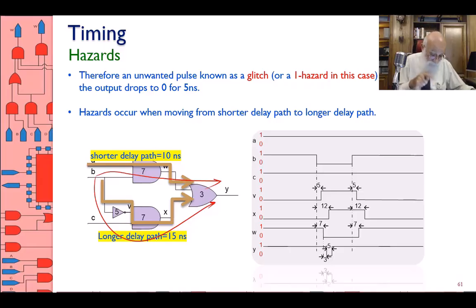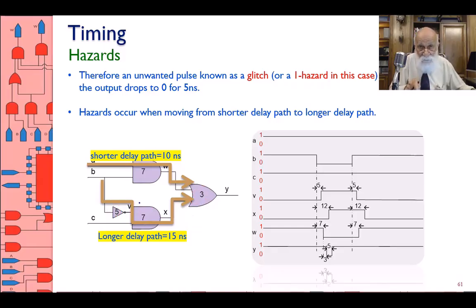The lower path has altogether a 5 nanosecond, a 7 nanosecond, a 3 nanosecond, 15 nanosecond delay. The upper path has 7 and 3, 10 nanosecond delay.